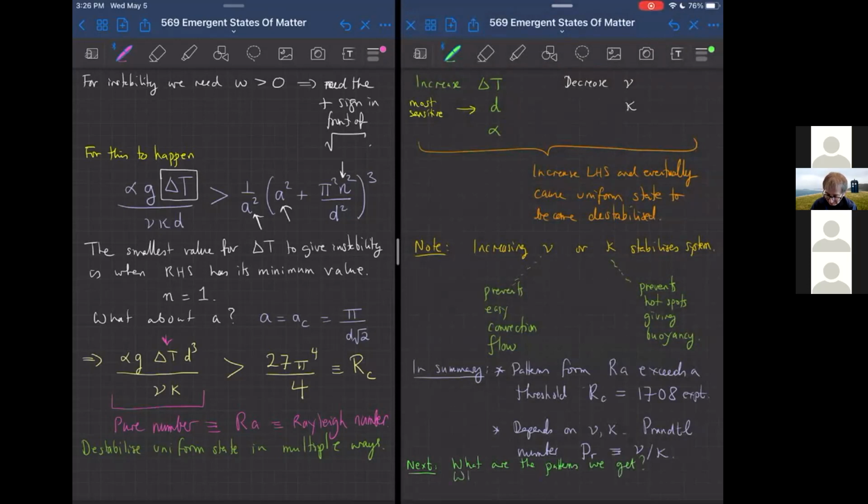What is the phase diagram? And are the patterns themselves stable?